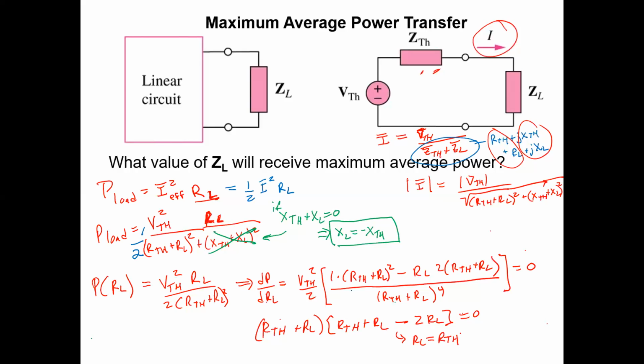Okay, so finally, that means to get the maximum power to the load, I'm going to move to the next slide because I ran out of room here. Are you ready? Okay, you want to get the max power to the load. What we should do is essentially let Z load equal the complex conjugate of the Thevenin impedance.